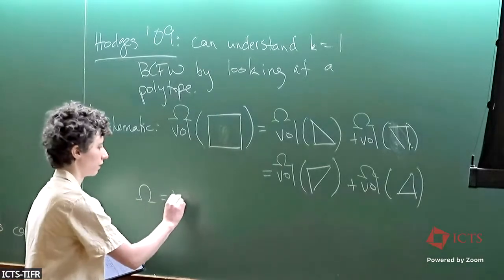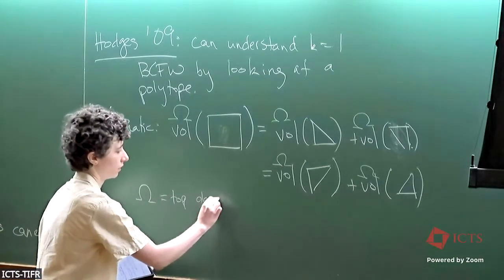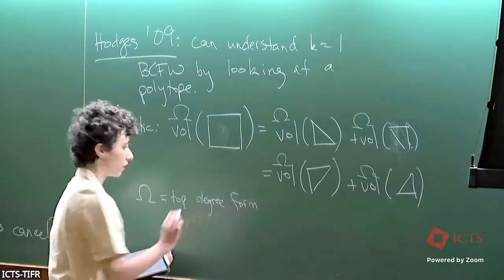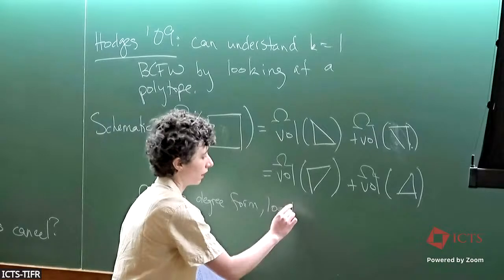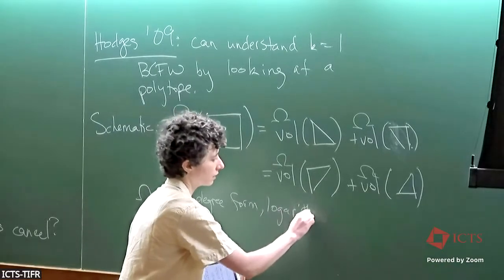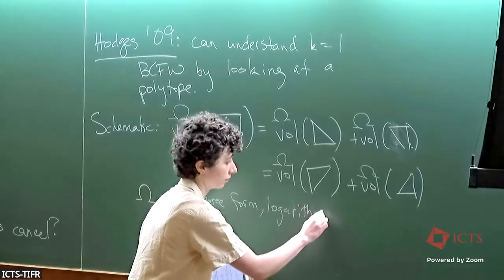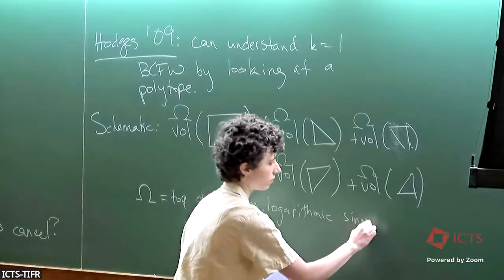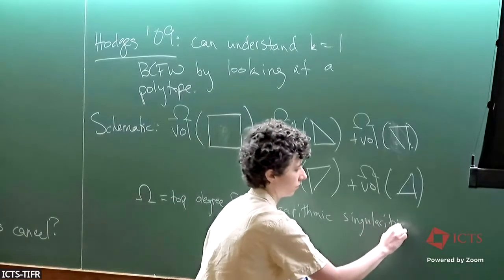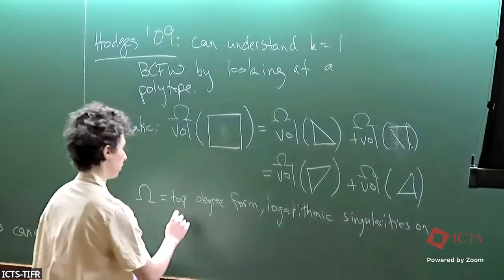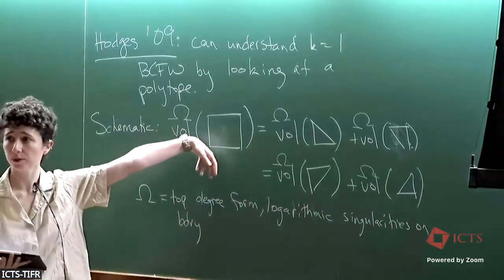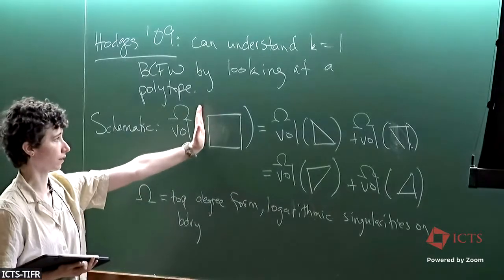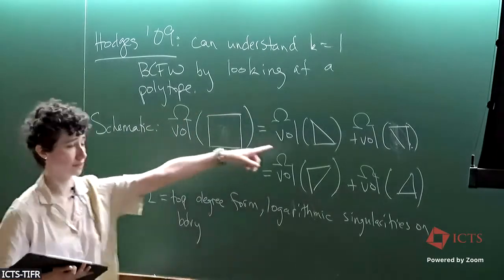It's a top degree form, and it has logarithmic singularities on the boundary components of my polytope. So I've got a logarithmic singularity along this line, this line, this line, and this line, and similarly for the triangles.